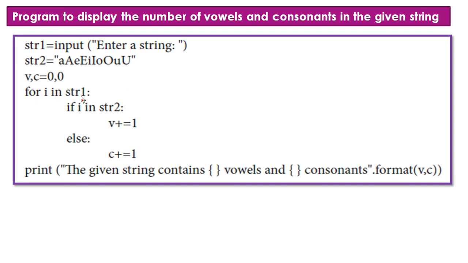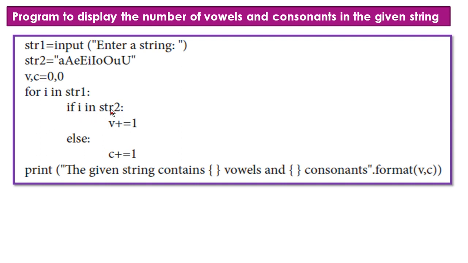For I in str1. Now suppose we are giving the value for str1 Tamil Nadu, the first letter of Tamil Nadu is T. So if I in str2, here in is the membership operator.